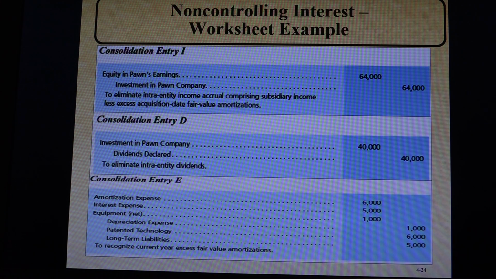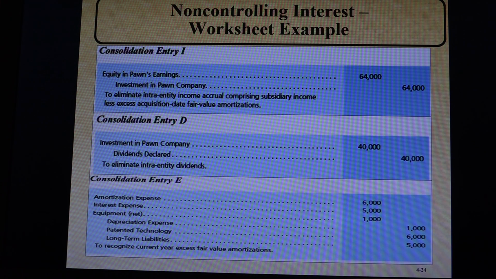Of 64,000. Now, where did that number come from? Well, that's your 72,000, 2015 income attributable to King.